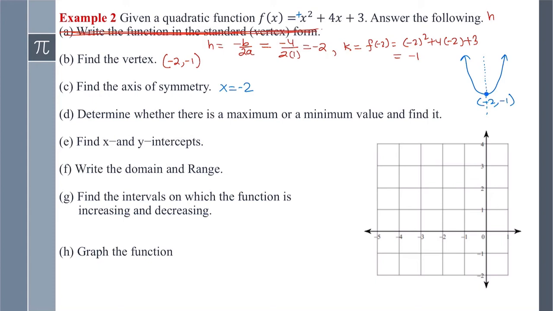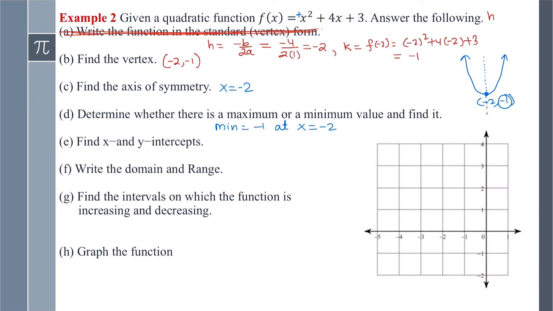Now to find the max or min, we just look at the graph. This is opening up, so that means we have a minimum, and the minimum value is -1. So this has a min which equals -1, and that occurs at x equals -2.